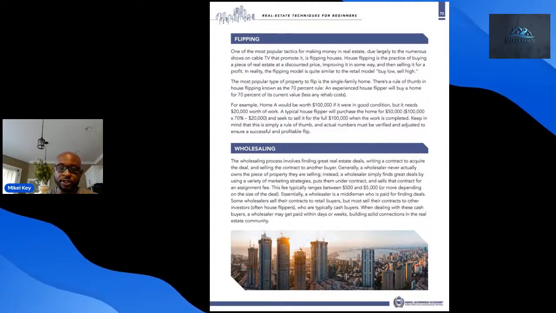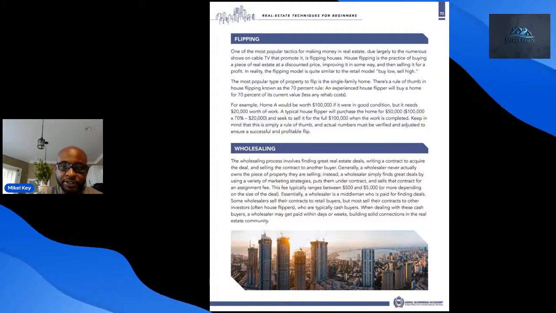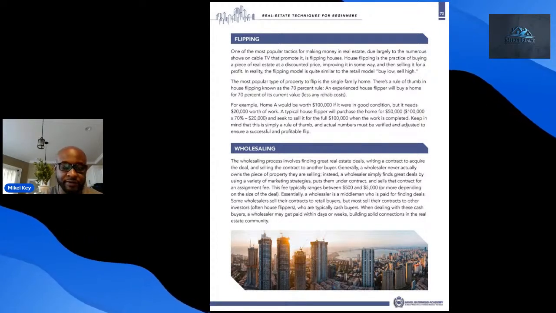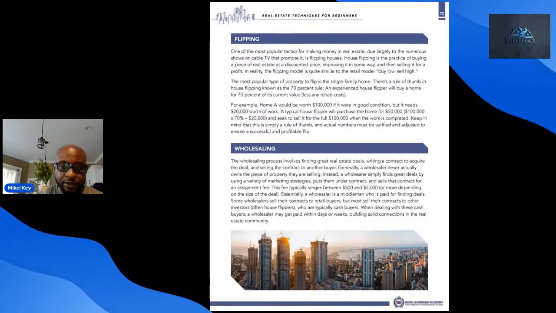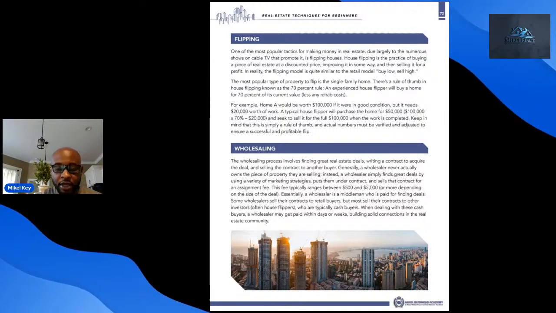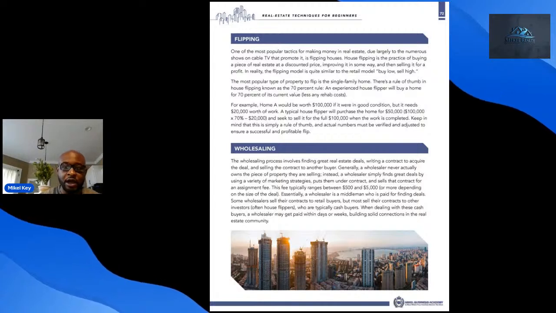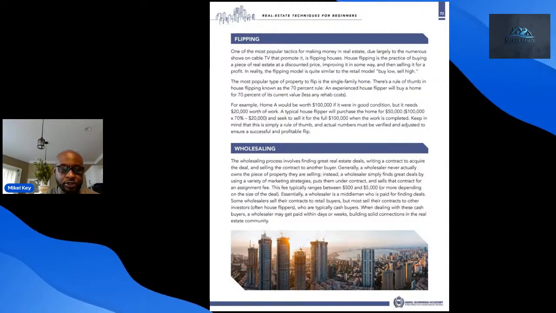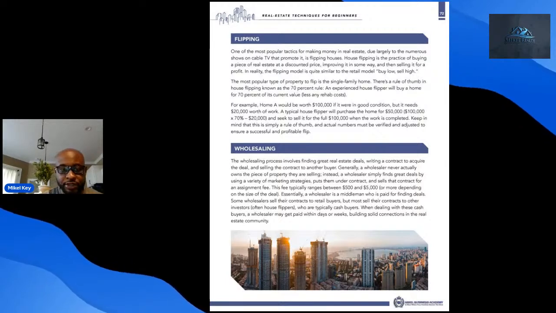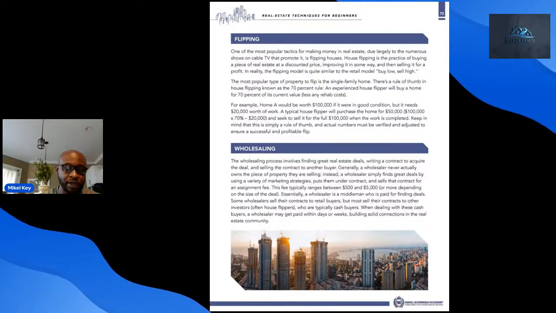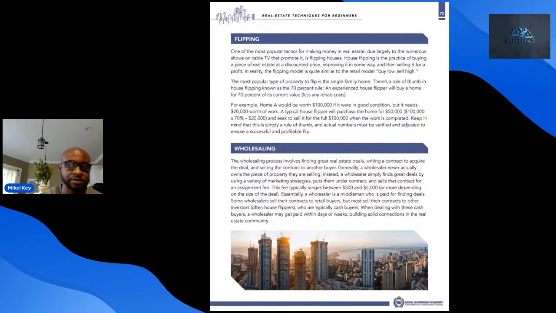Now, the 70% rule says that you don't want to invest more than 70% of the home's after repair value in the renovation cost and the cost to purchase the property. So, for example, if the after repair value is $100,000, that means you can invest no more than $70,000, because 70% of $100,000 is $70,000.